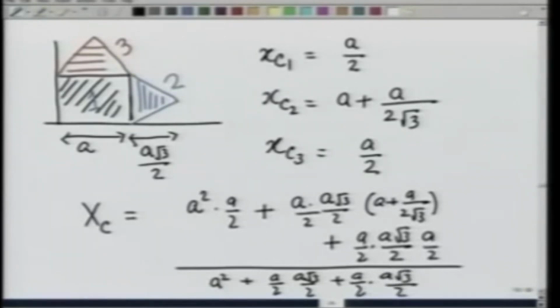That is the formula for x c. And you calculate this, this comes out to be about 0.594 times a.